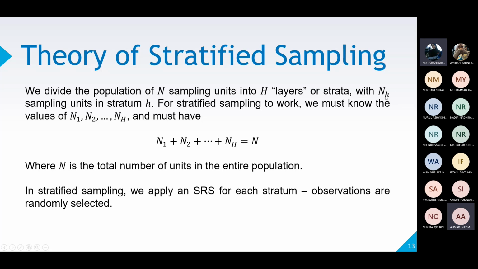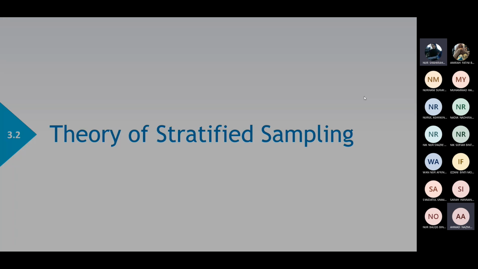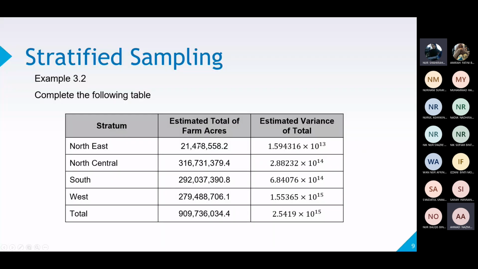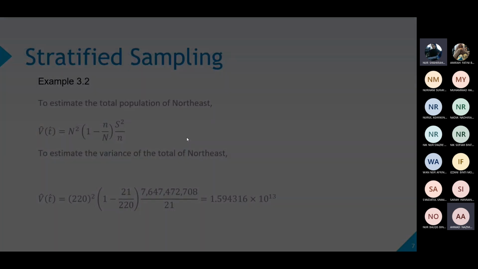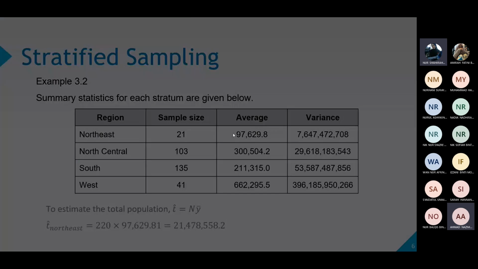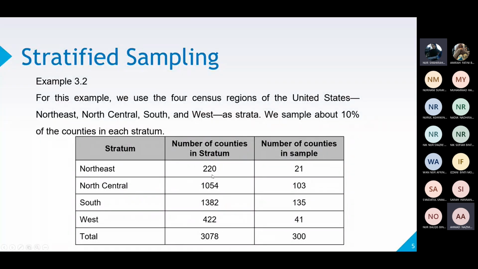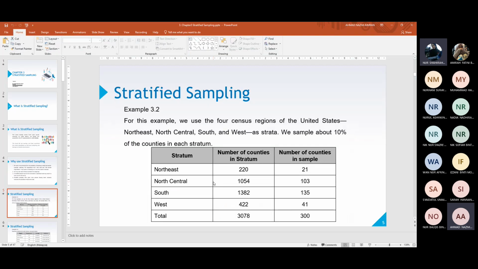In the previous example, we have 4 strata, so we can know the population size for each stratum. This one is N_h. This is our population size for each stratum.